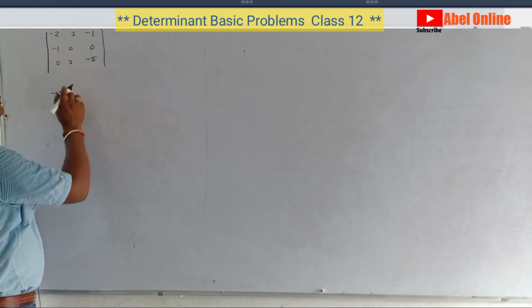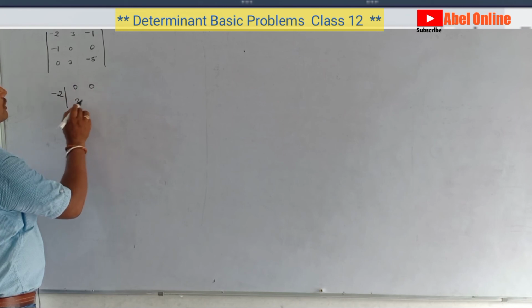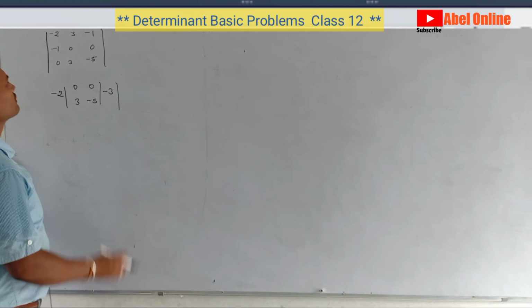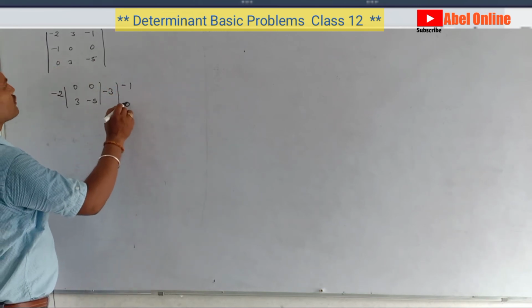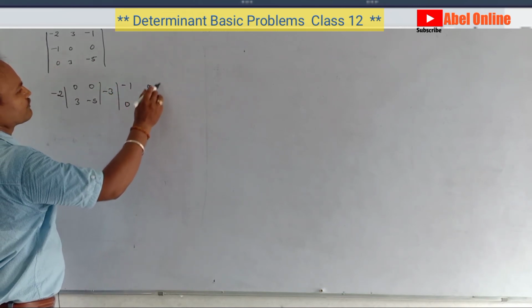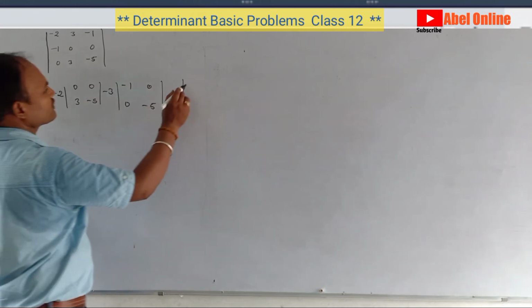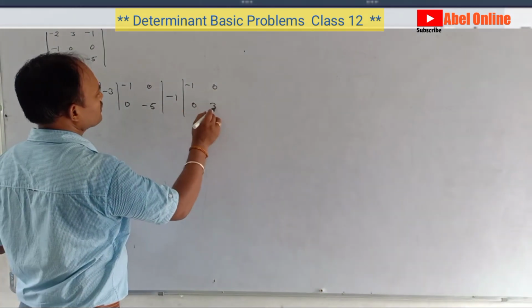So it is minus 2, and here we just eliminate the row and column. The remaining part is 0, 0, 3, minus 5, then minus 3, then minus 1, 0, 0, minus 5, and then minus 1, 0, 0, 3.